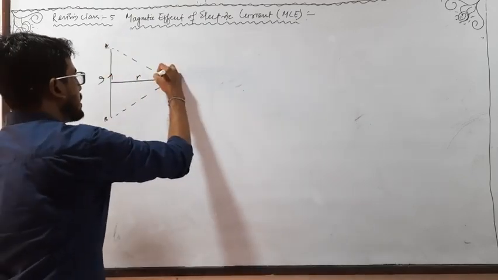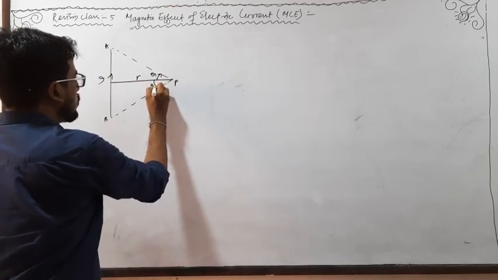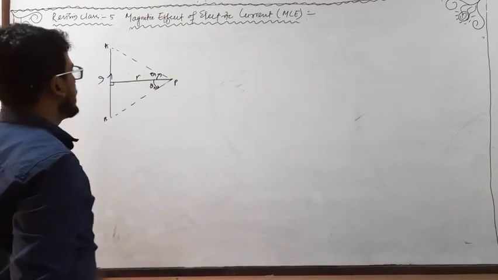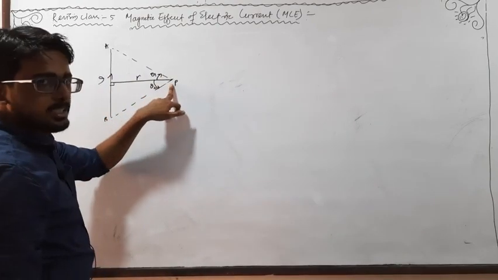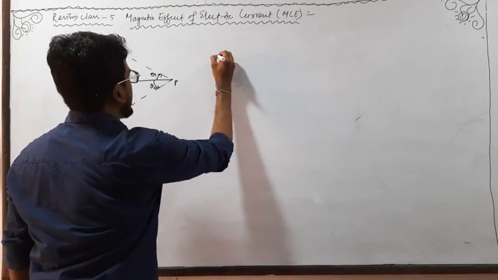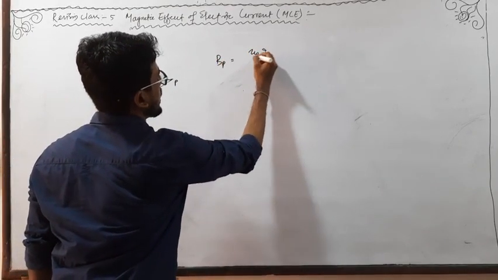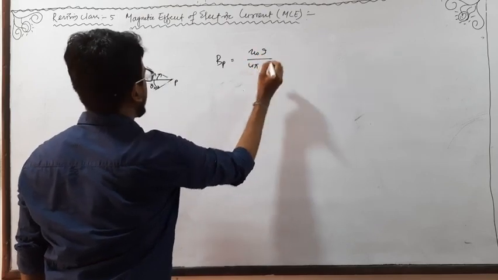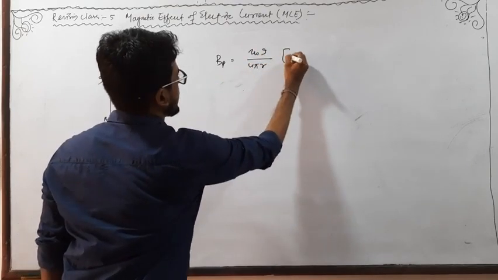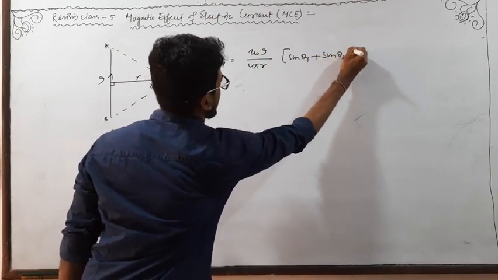End A makes an angle theta 1 and end B makes an angle theta 2 with this perpendicular distance r. Then the magnetic field strength at point P will be mu naught I by 4 pi r (sin theta 1 + sin theta 2).